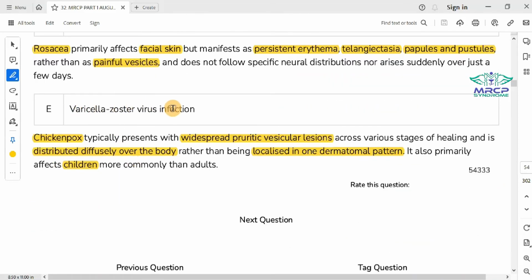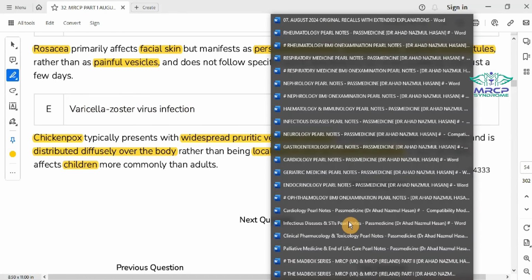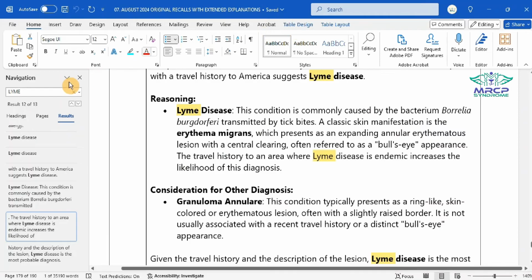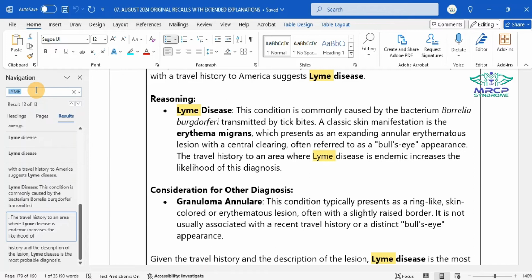And varicella zoster virus infection would be widespread, and it is usually bilateral. It does not follow a single dermatomal distribution, and this also more commonly affects children. And in the original scenario, it was a very complicated scenario, whether to go for herpes zoster or to go for herpes simplex.